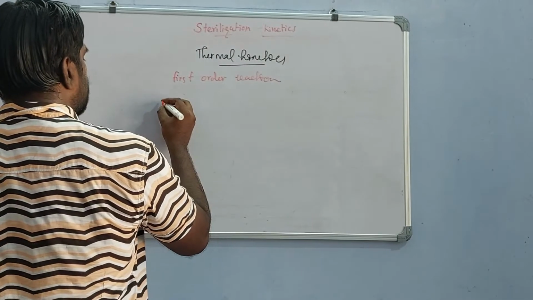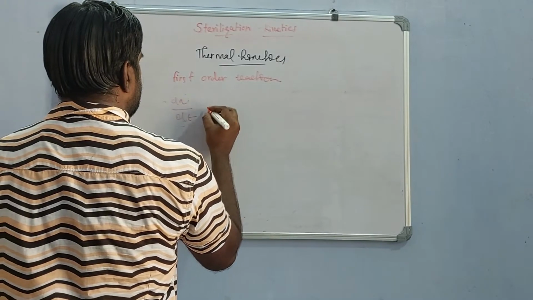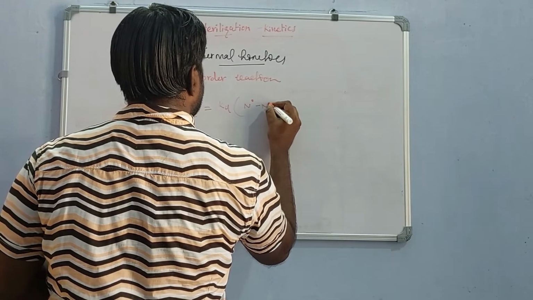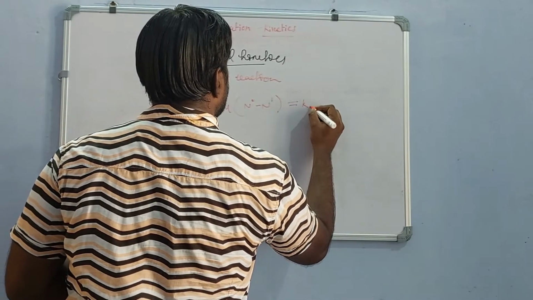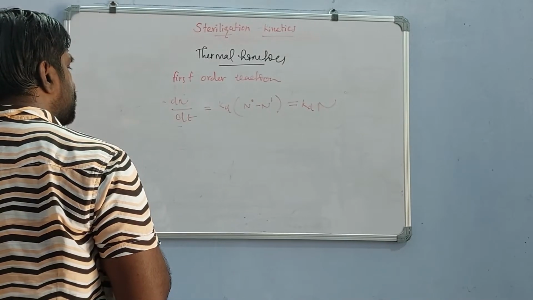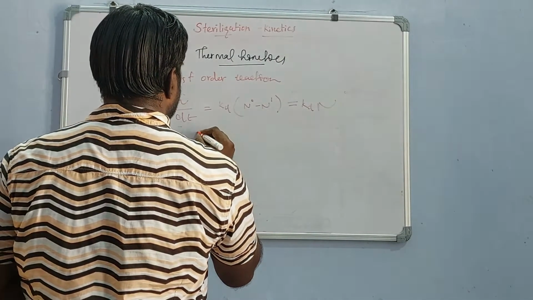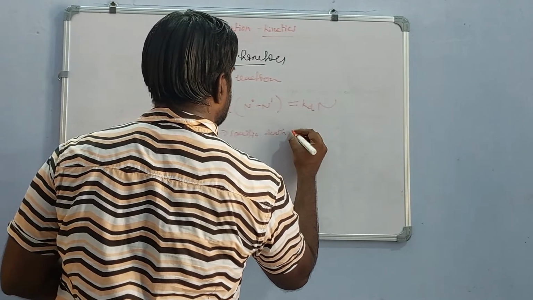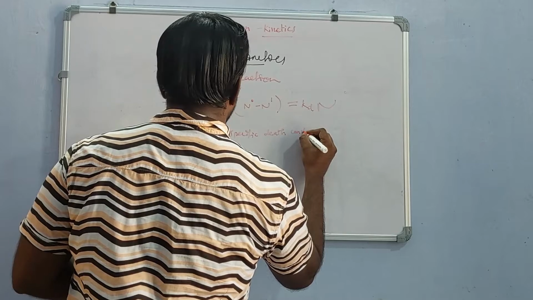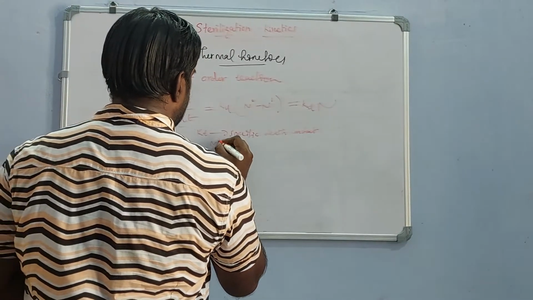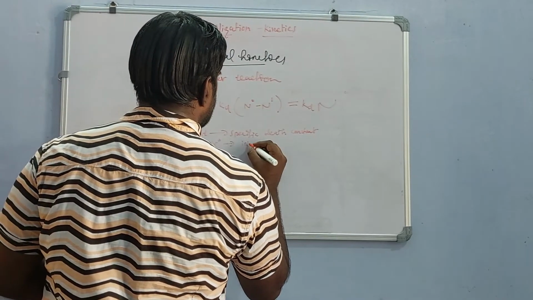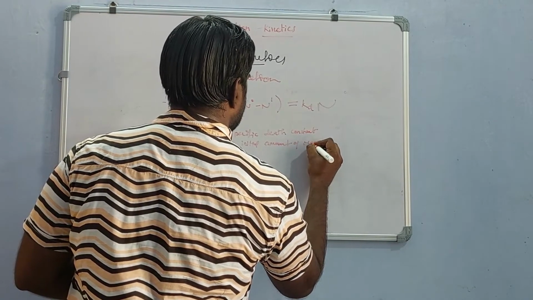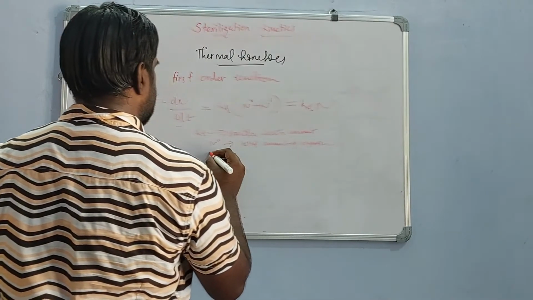So it can be written as minus dN by dt is equal to Kd N. Here N0 minus N dash, which is equal to Kd N. So you can see Kd as the specific death rate constant. N0 is the initial amount of organisms present. N dash is the organisms present after time t.